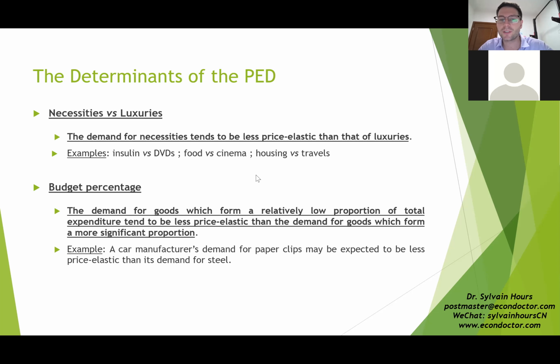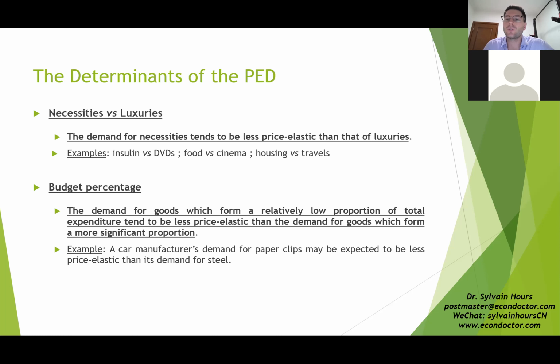The budget percentage is essentially the percentage of your income that you allocate to one particular product. And the idea here is that if you allocate a high percentage of your income to one product, then you will be very sensitive to price changes. So the demand is going to be relatively price elastic.